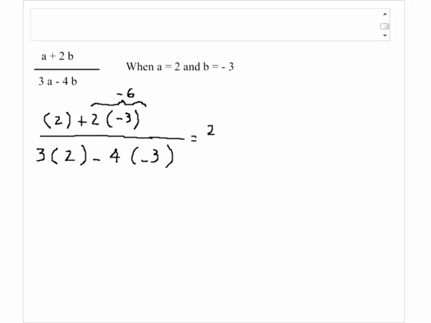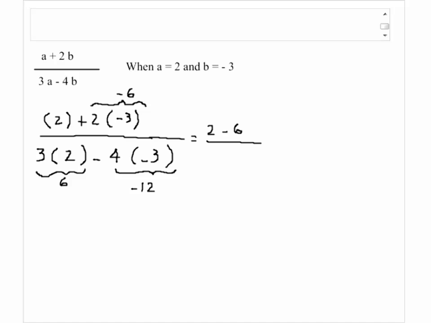So I have 2 minus 6 at the top. And here I have 3 times 2, which is equal to 6. Here I have 4 times negative 3, which is equal to negative 12.